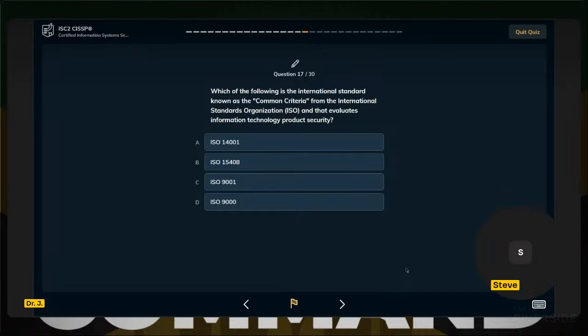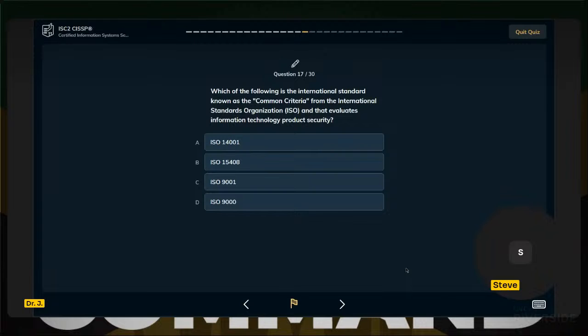ISO 9000. They're very close because they kind of work off each other and complement each other. They put them there just to mess you up. I think they're distracting you.